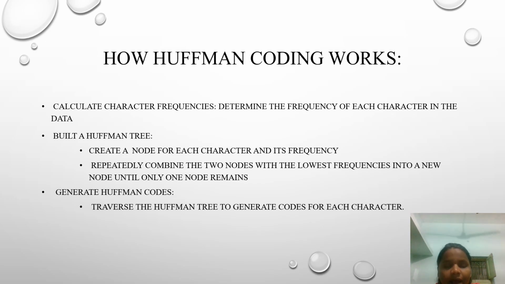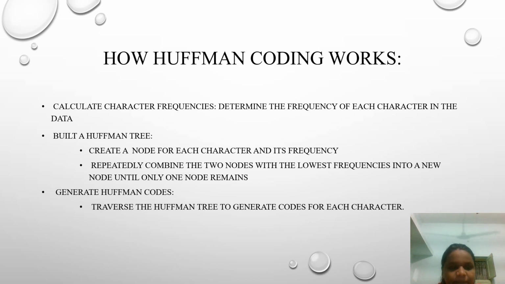It will be compared with the other nodes: if it is less than the node below, it is kept at the last, and if it is greater than the node below, it is kept upside of that one. And then we are generating the Huffman codes.